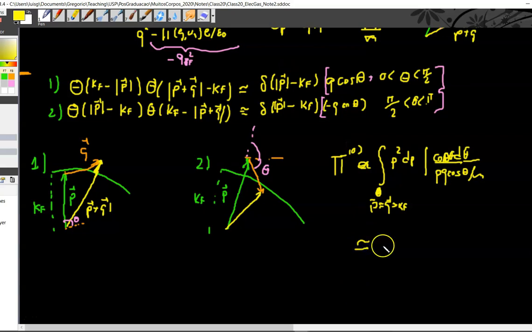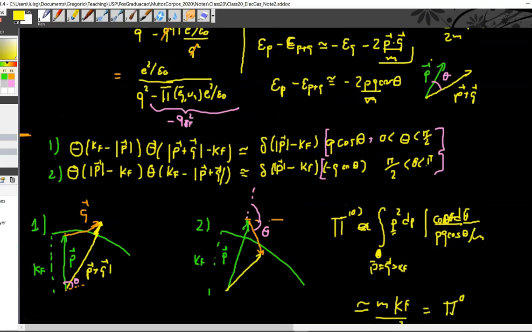So hand-wavingly, this would give me this m. There will be a kf, and perhaps some factor of pi. It's going to be pi square actually, but definitely it would be something of the order of m and kf, since everything is happening around kf. So that is essentially my pi 0.